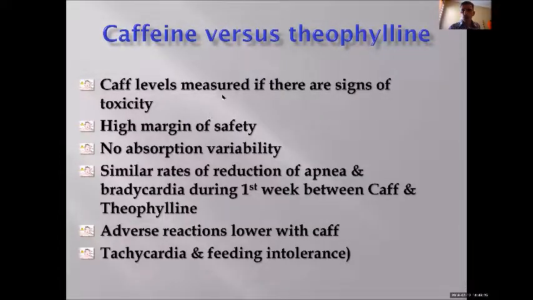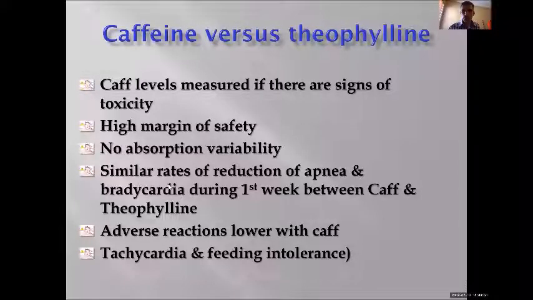Caffeine level measurement usually is not needed unless you go to a very, very high dose, like 40 or 50 milligrams, which nobody goes to. If you use the normal dose, you have a very high margin of safety, no absorption variability, and therefore you don't need to measure.